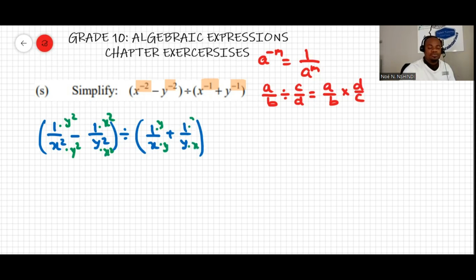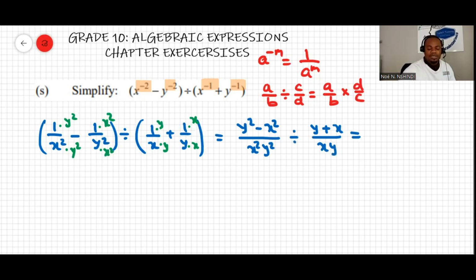Why? Because I'm trying to write all of them with a common denominator. So now this will make y squared minus x squared over x squared y squared, divided by y plus x over xy.